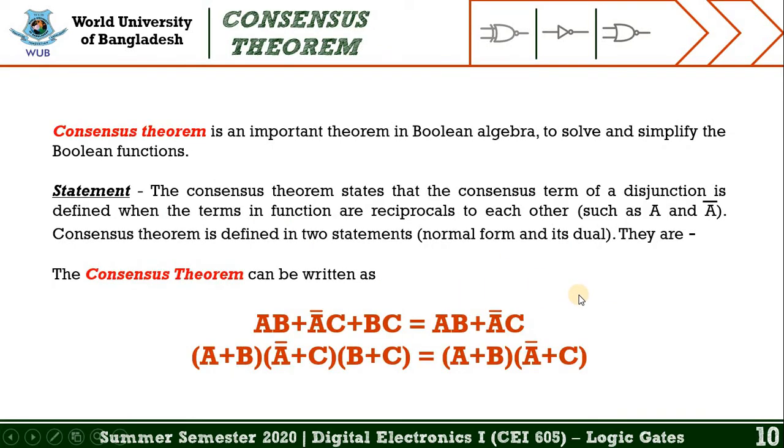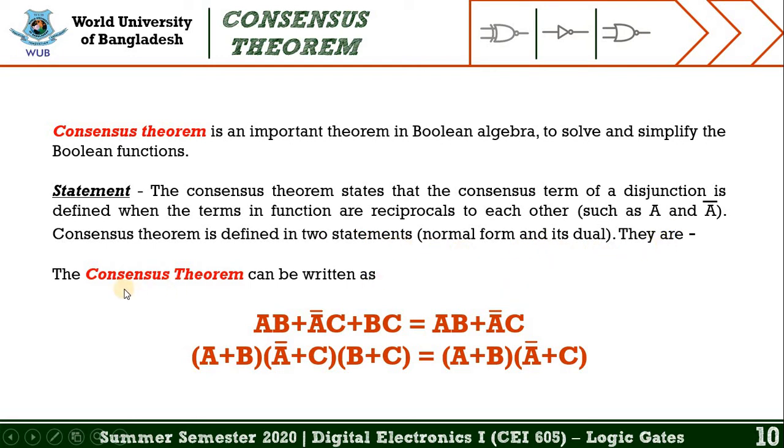From this slide we may learn about the consensus theorem. Consensus theorem is an important theorem in Boolean algebra to solve and simplify Boolean functions, and it states that the consensus term of a disjunction is defined when the terms in the function are reciprocals of each other, such as A and A bar. The consensus theorem is defined in two statements, the normal form and its dual.